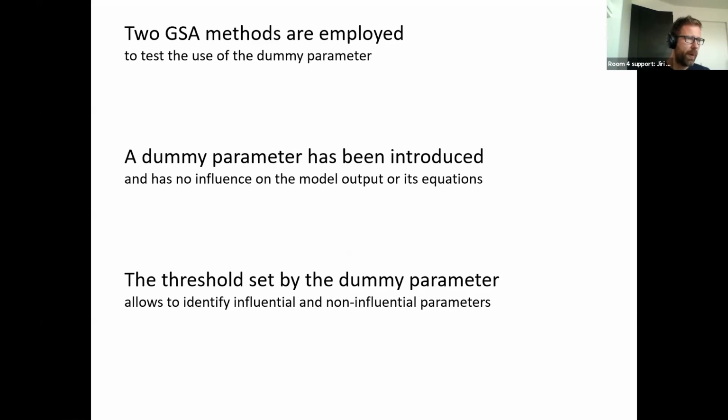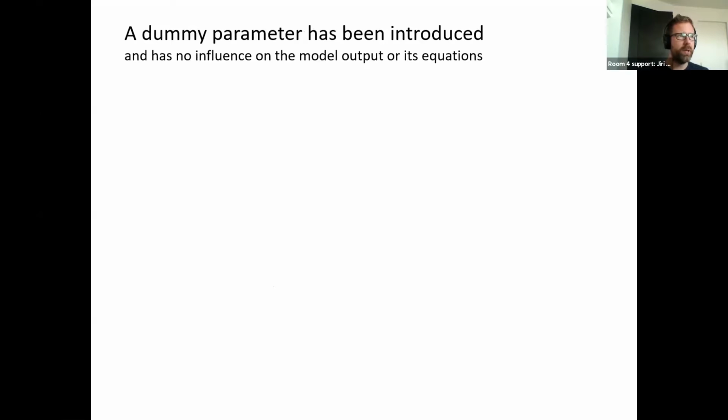Now for the dummy parameter, if we go into that more deeply, we don't want the dummy parameter to have any influence on the model output. So it's just an additional parameter which can vary, but there is no influence on the model output.